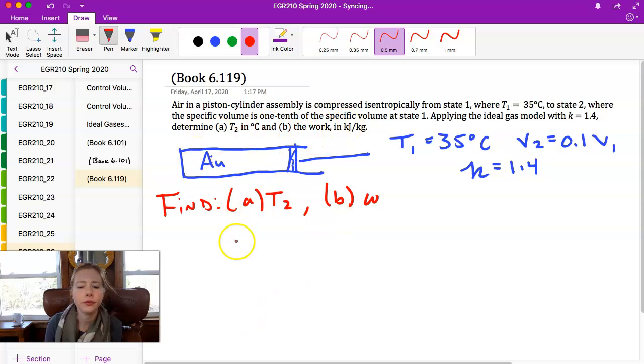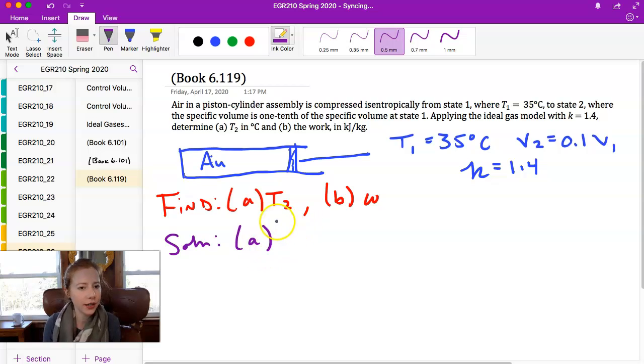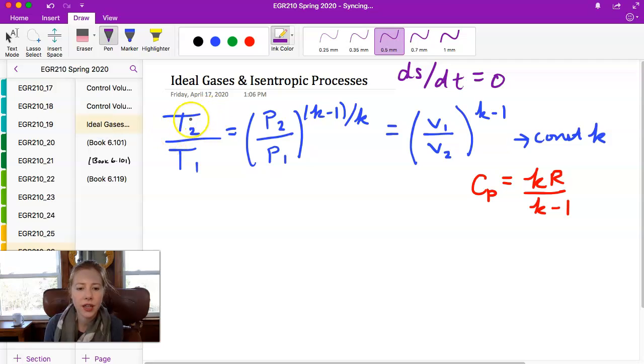All right, so for part A, to find T2, let's use our relations for ideal gases undergoing isentropic processes. If we look back at these relations, we see that T2 over T1 is equal to P2 over P1 to the K minus 1 over K, and that's equal to V1 over V2 to the K minus 1.